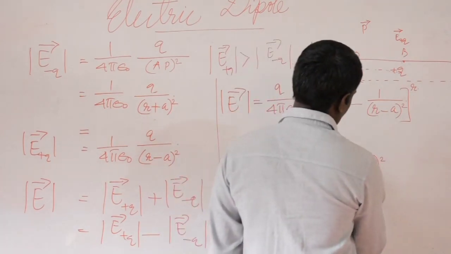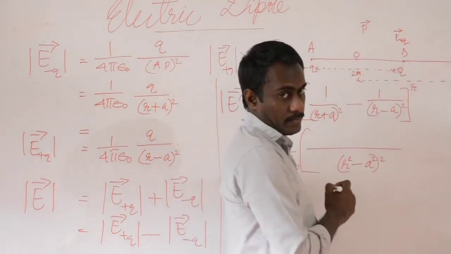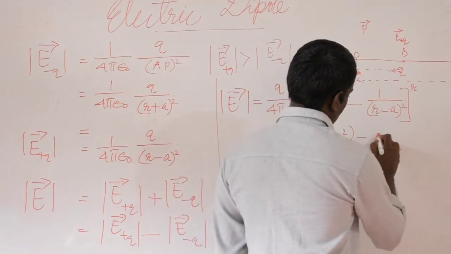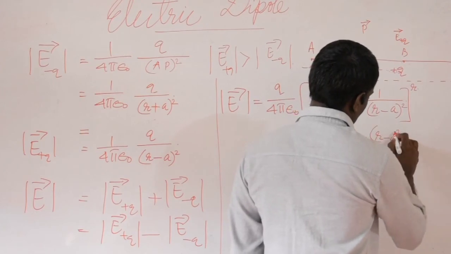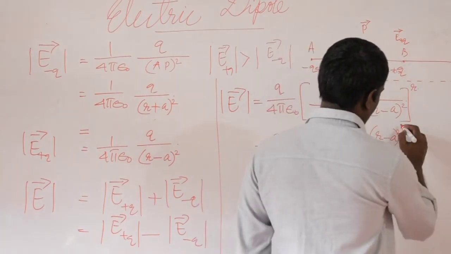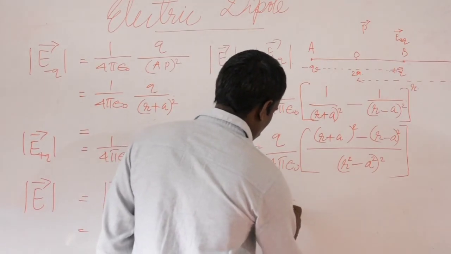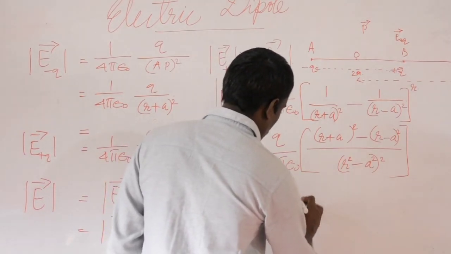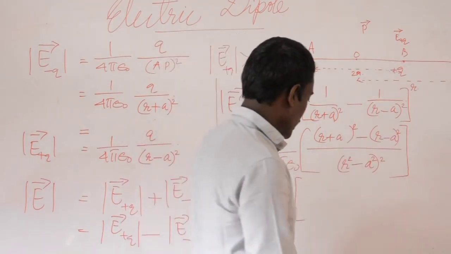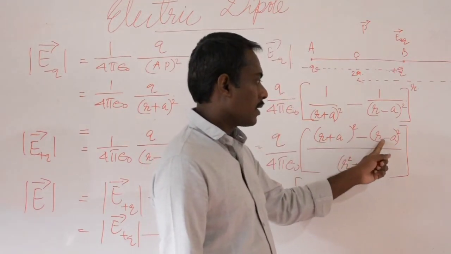And the numerator will come as (R plus A) square minus (R minus A) square. That is equal to Q divided by 4 pi epsilon 0 into, and this can be expanded in the form of (a plus b) whole square and (a minus b) whole square.